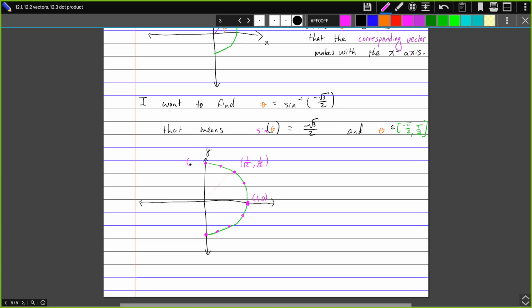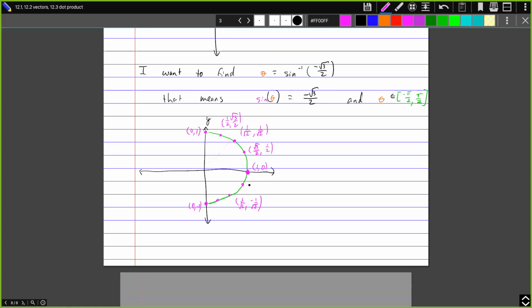So this will be 0, 1, and this will be 0, minus 1. This is 1 over root 2, minus 1 over root 2. This is going to be root 3 over 2, 1/2. This one is going to be 1/2, root 3 over 2.